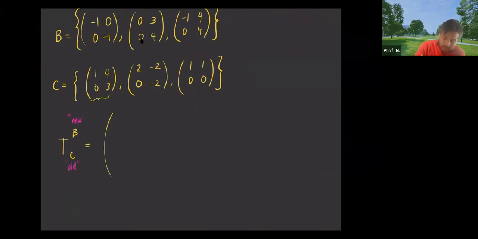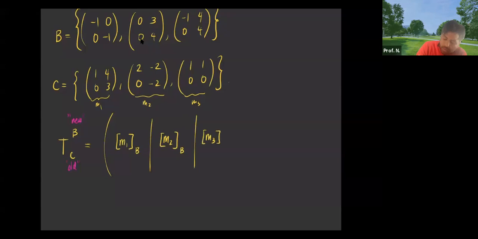I'm going to call these M1, M2, and M3. So I'm going to find M1 in terms of my new, M2 in terms of my new, and M3 in terms of my new. That's the idea behind the transition matrix.